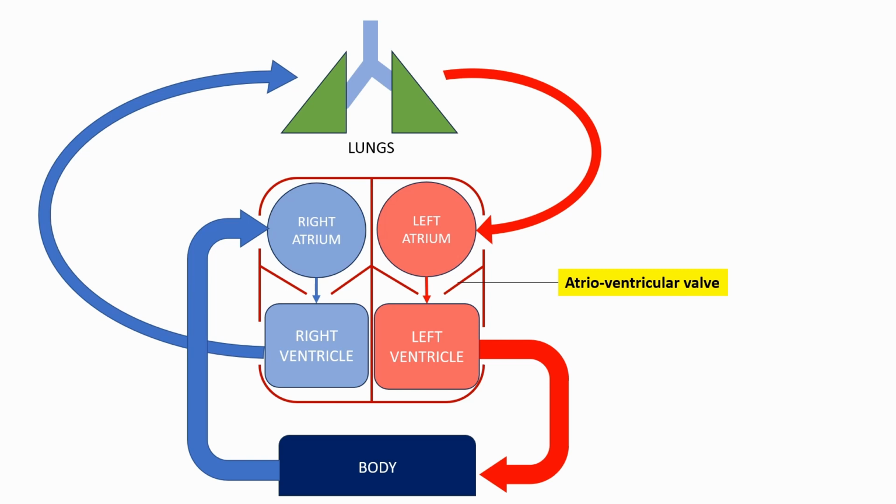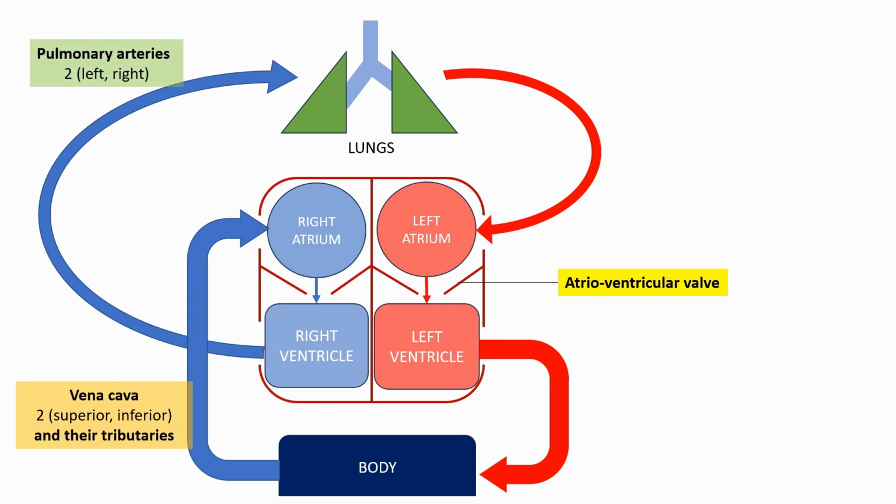If you have a look at this, the body sends its deoxygenated blood through multiple veins, which then combine into the 2 large veins called the vena cava. So there's a superior vena cava and an inferior vena cava, which enter the right atrium. The right ventricle sends this deoxygenated blood to the lungs through pulmonary arteries.